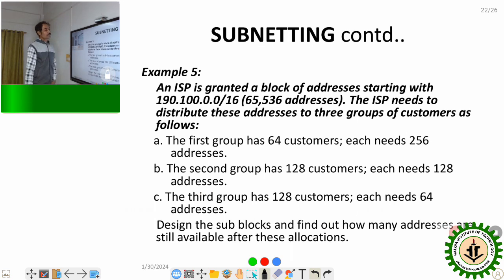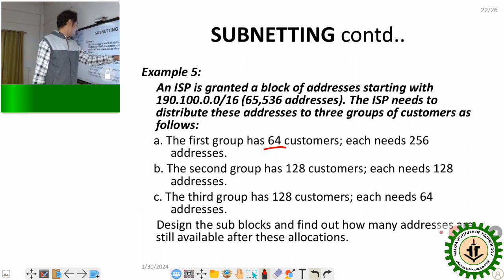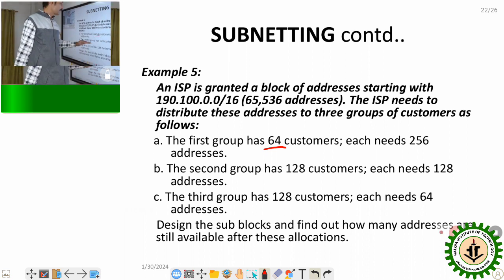Another example to clarify more doubts with subnetting. Here the address given is 190.100.0.0/16, where /16 is the subnet mask, and the task is given. The first group we have to create will have 64 customers, and each of them will have 256 addresses.